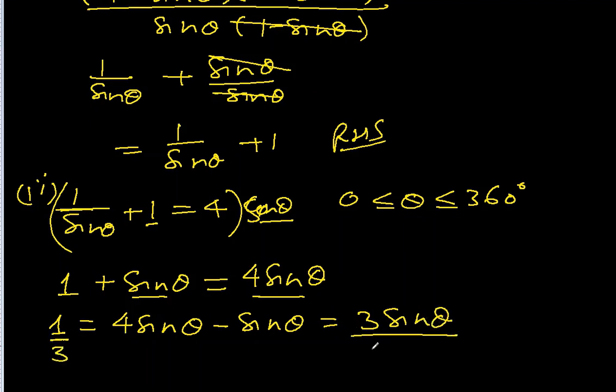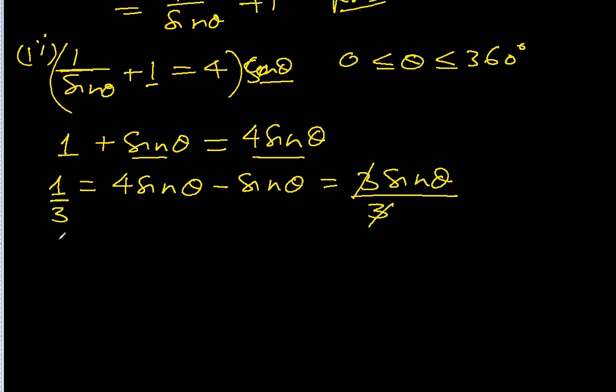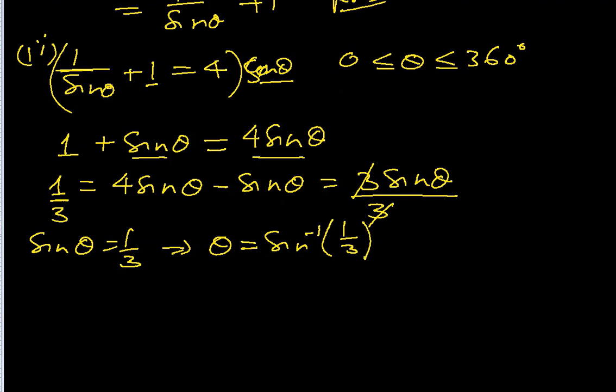Let's divide both sides by 3. So that 3 is gone, and sine theta is equal to 1 over 3. Which gives us theta is sine inverse 1 over 3.